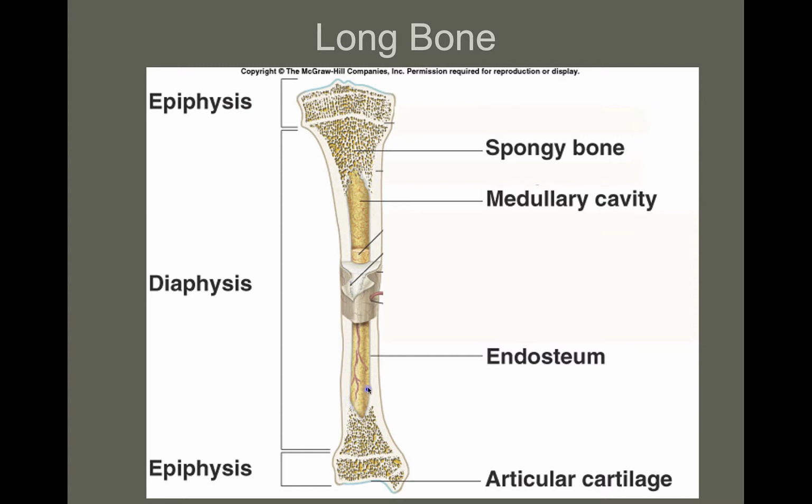And in the center of that hollow cylinder is our medullary cavity, and that is going to be filled with marrow. Now, over the ends, highlighted here in blue, on those epiphyses is our articular cartilage, or that hyaline cartilage that is going to reduce friction and offer a little bit of lubrication in those joints.